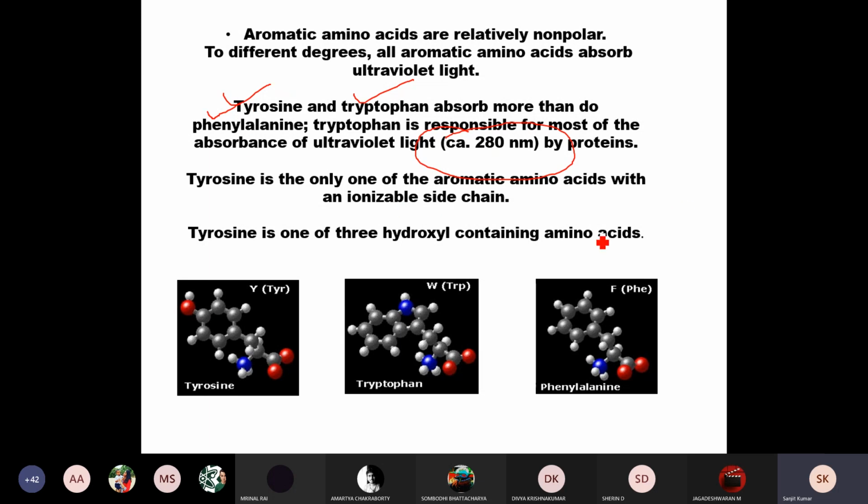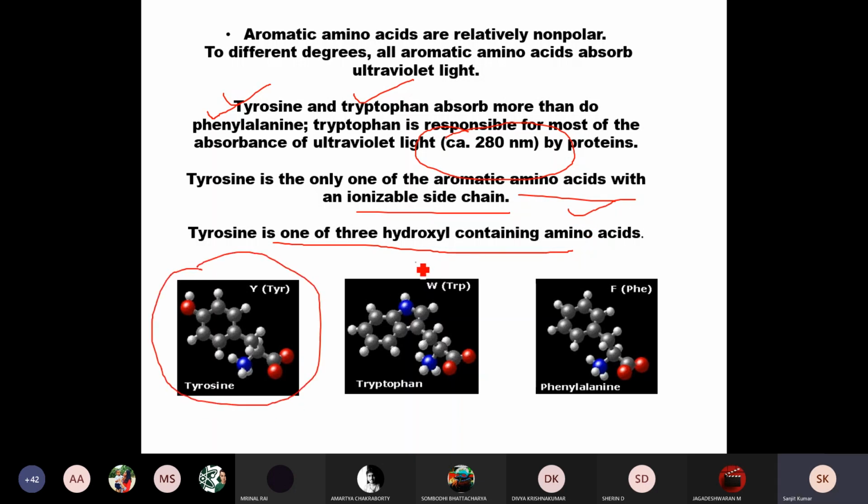Tyrosine is the only one of the aromatic amino acids with an ionizable side chain, and tyrosine is one of the three hydroxyl-containing amino acids. Due to these three amino acids, we are able to see the protein OD at 280. You can ask, sir, are there any proteins that do not contain tyrosine, tryptophan, or phenylalanine?